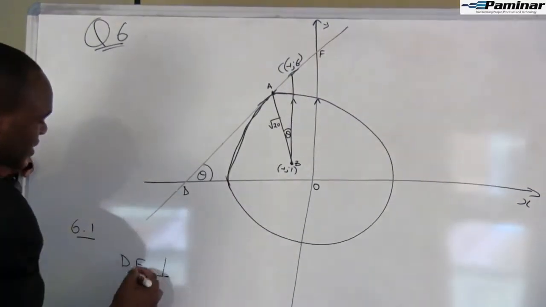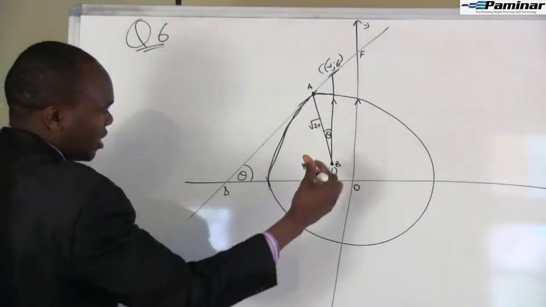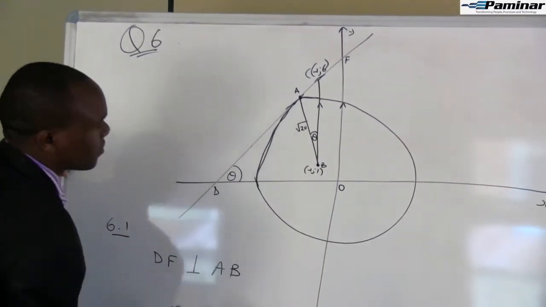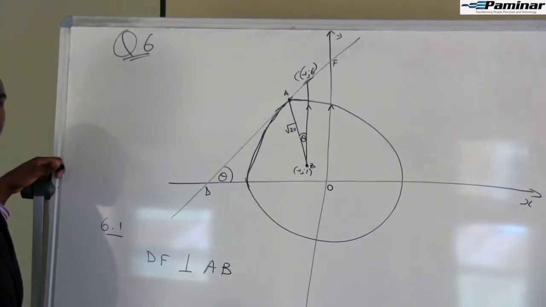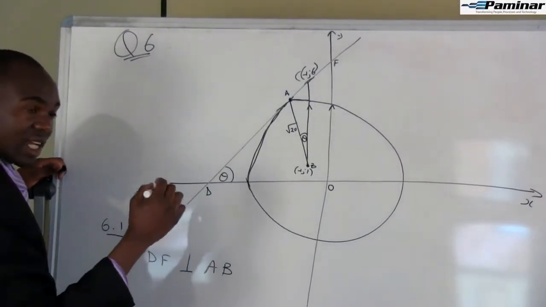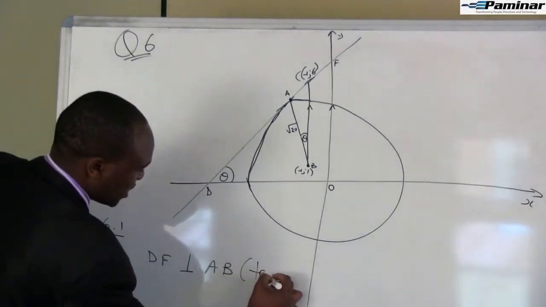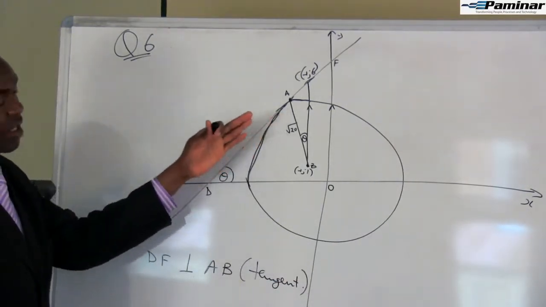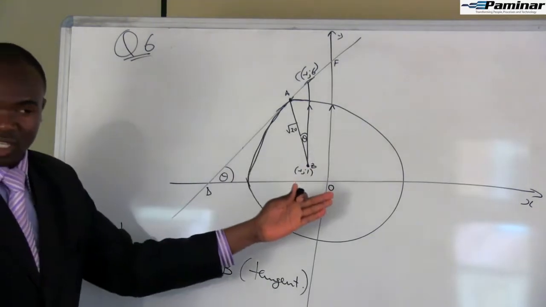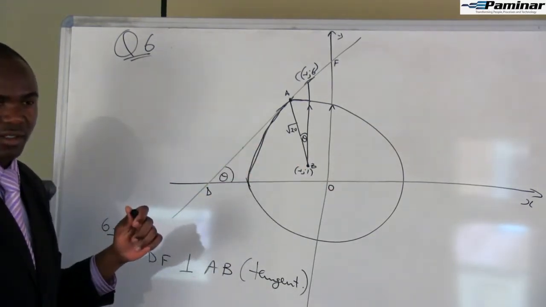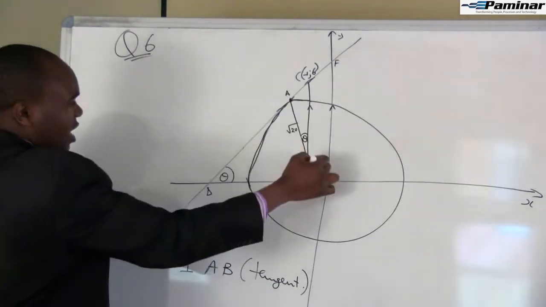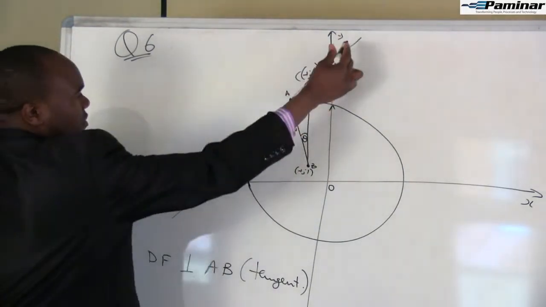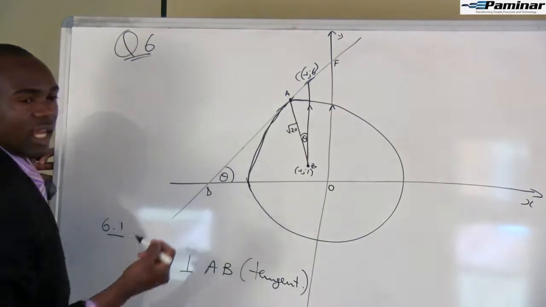So line DF is perpendicular to AB. Because it's the tangent. That's the rule of a tangent. So always a tangent is perpendicular to the radius. So this is the radius AB, and this is the tangent DF that is passing through this point A.